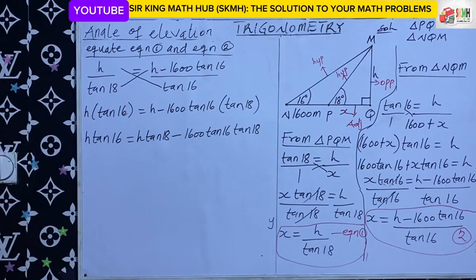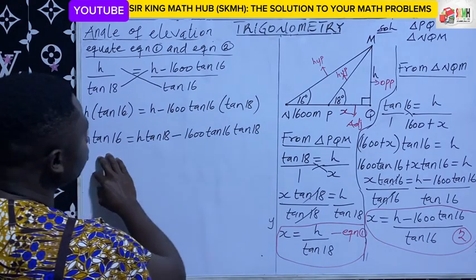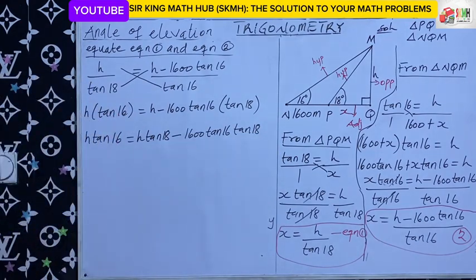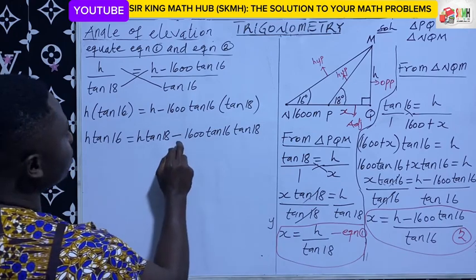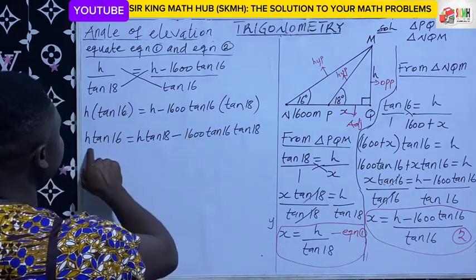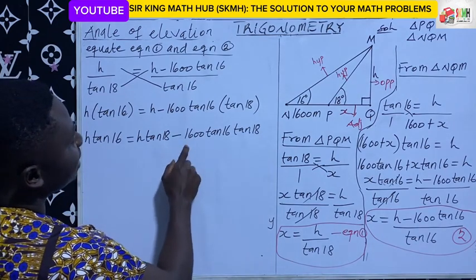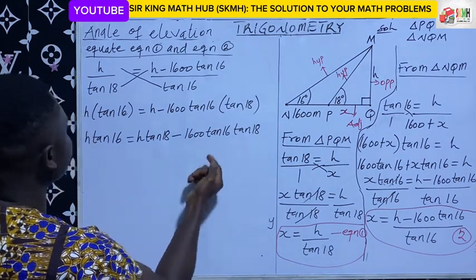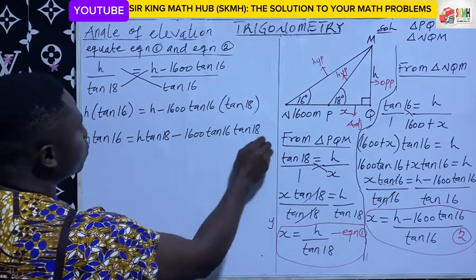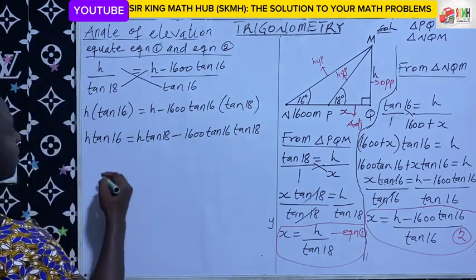We are looking for h. So let's group all h on one side. So I'm transposing h tan 16 to the right, and then negative 1600 tan 16 tan 18 to the left. So this one here becomes positive when it crosses the equal sign.